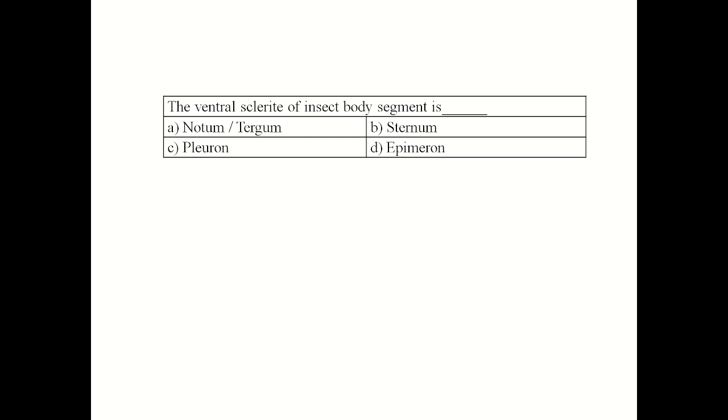The ventral sclerite of an insect body segment is known as sternum. Alternation of generations in insect reproduction is seen in aphids. Mushroom glands are seen in cockroach.